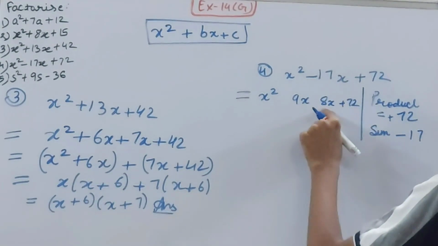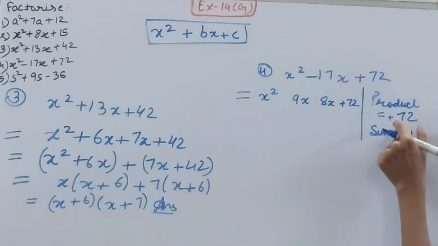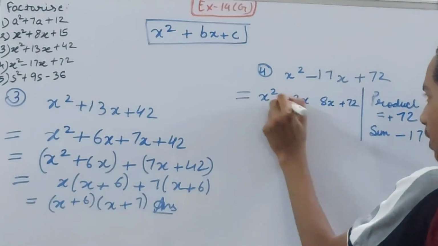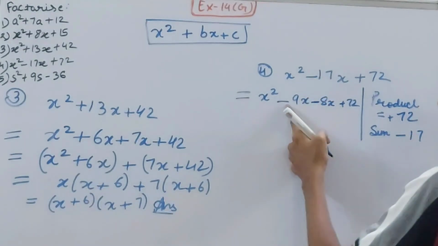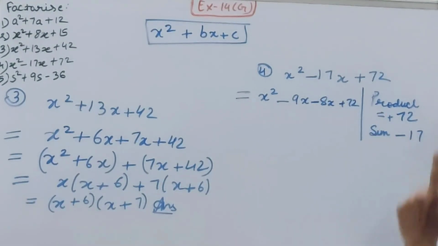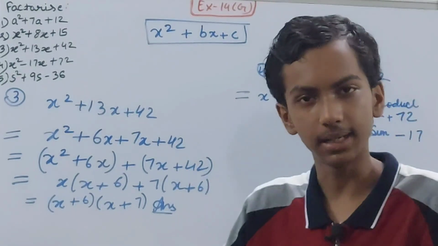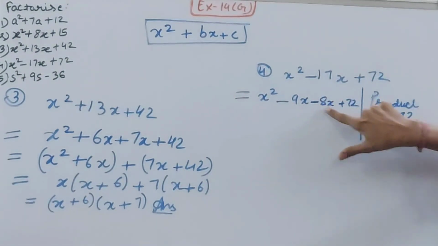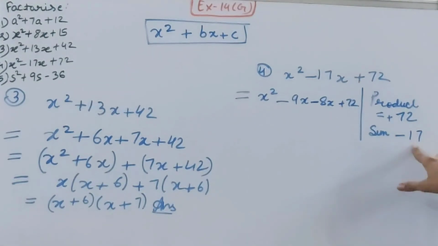Now see, 9x and 8x. So the product is plus 72 and the sum is minus. That means what? Both the terms will be minus or not? Minus into minus gives you plus, and minus minus is going to give you minus only when you are going to add. Okay, so minus 9 into minus 8 plus 72, minus 9 plus minus 8 is minus 17.